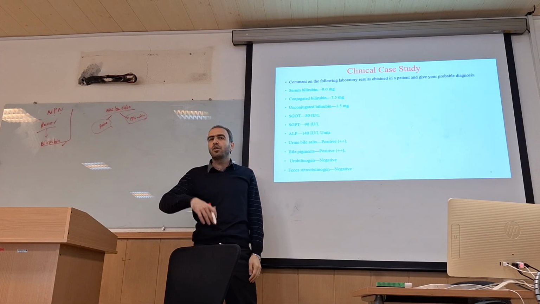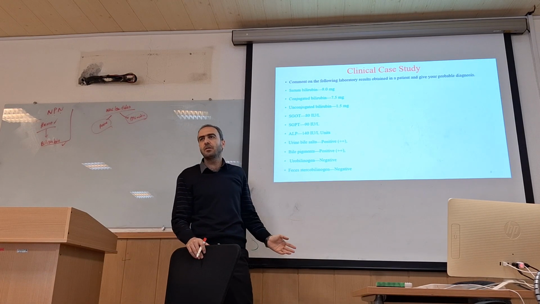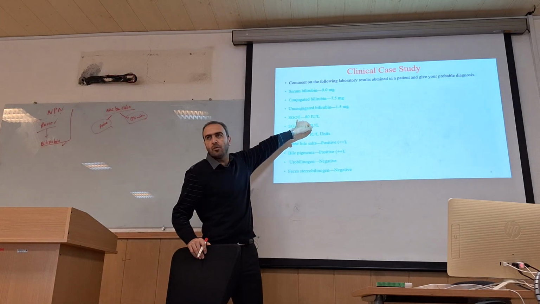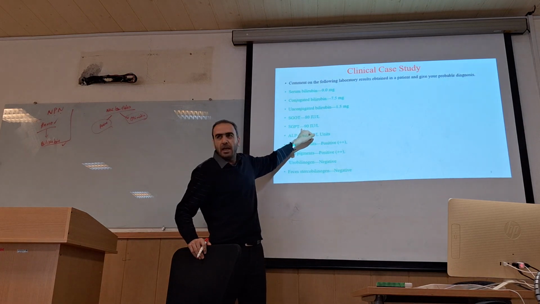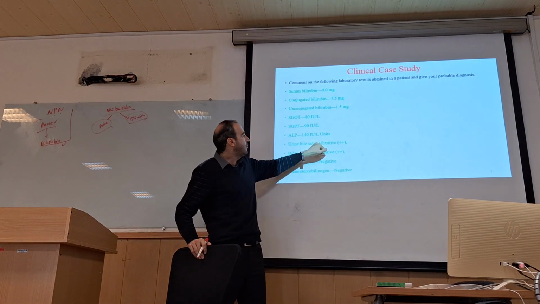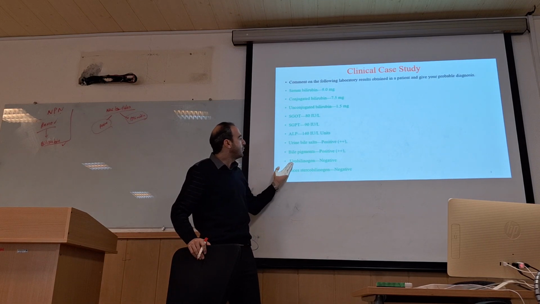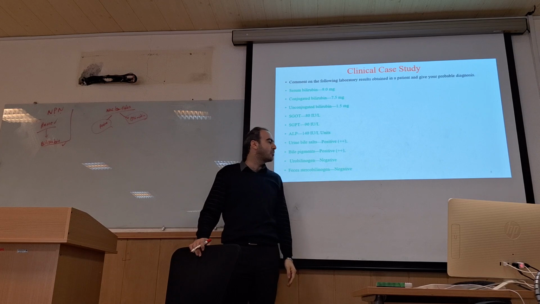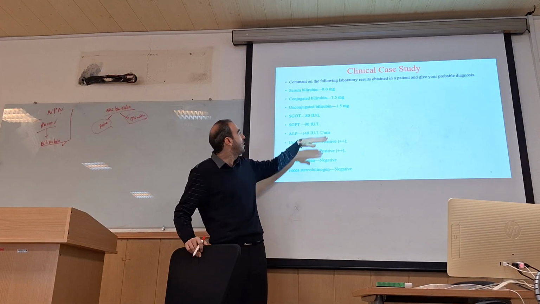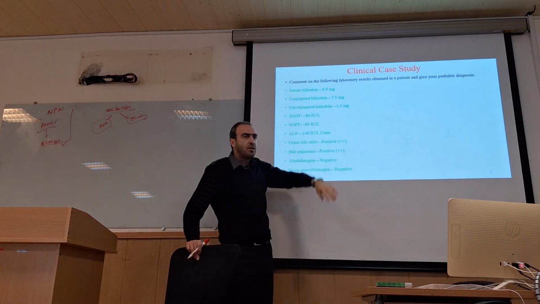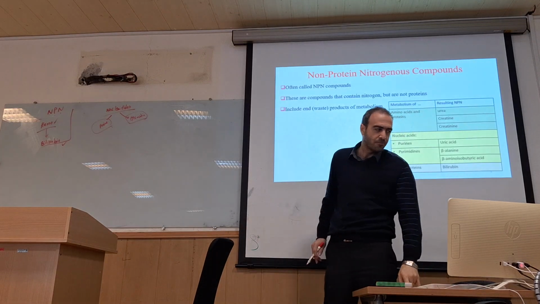And when we evaluate liver function, we need evaluation of some enzymes, like AST, ALT, and urine bile salt, bile pigment, urobilinogen, and feces stercobilinogen. You don't need to understand all of them right now, but just look at these three, and at the end of the class, you can give me the answer.